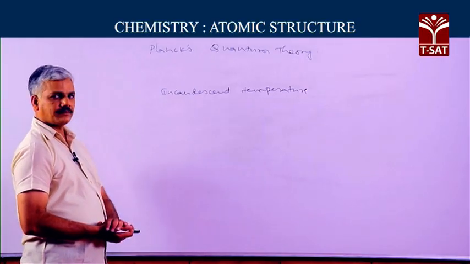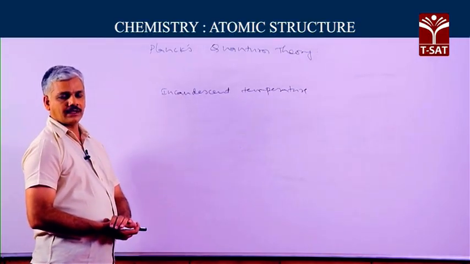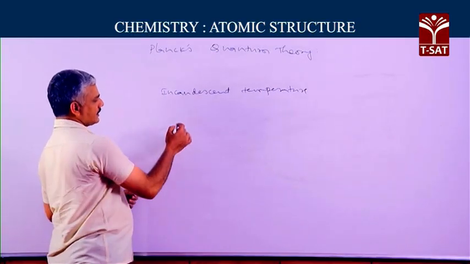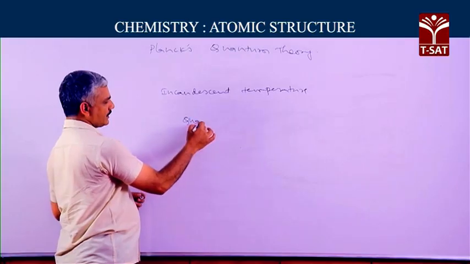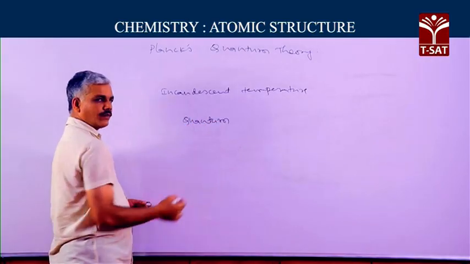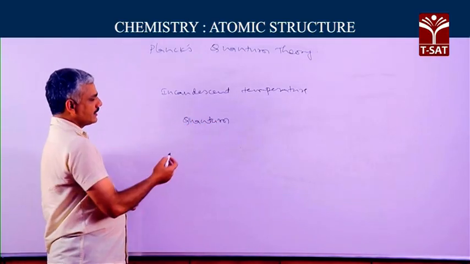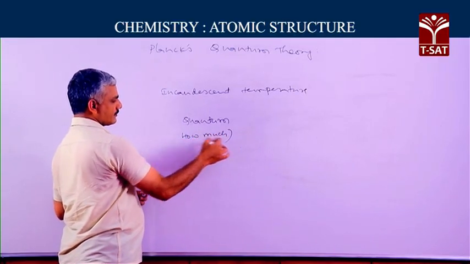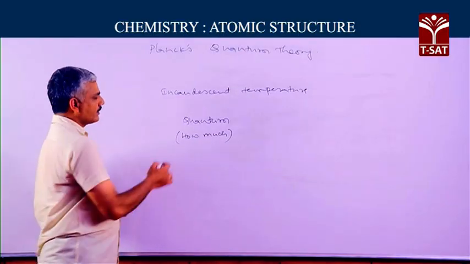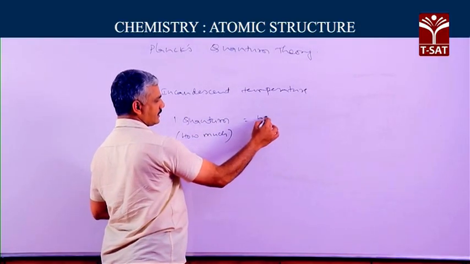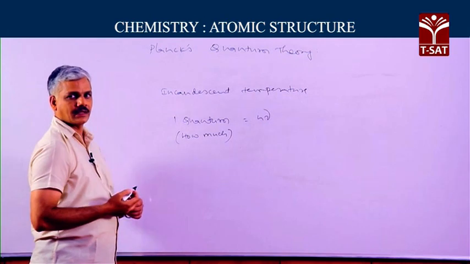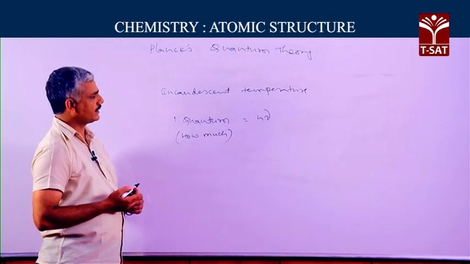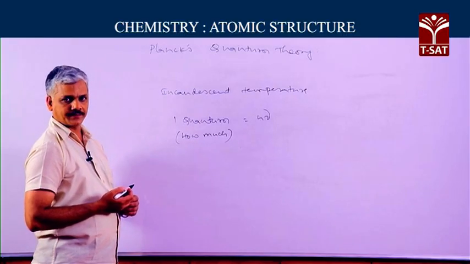And every time one particular wave will be emitted with specific energy, and the energy associated with each electromagnetic wave is called quantum. In German language, quantum means how much. One quantum value is given as equal to h nu. H stands for Planck's constant, nu stands for frequency of the emitted radiation.